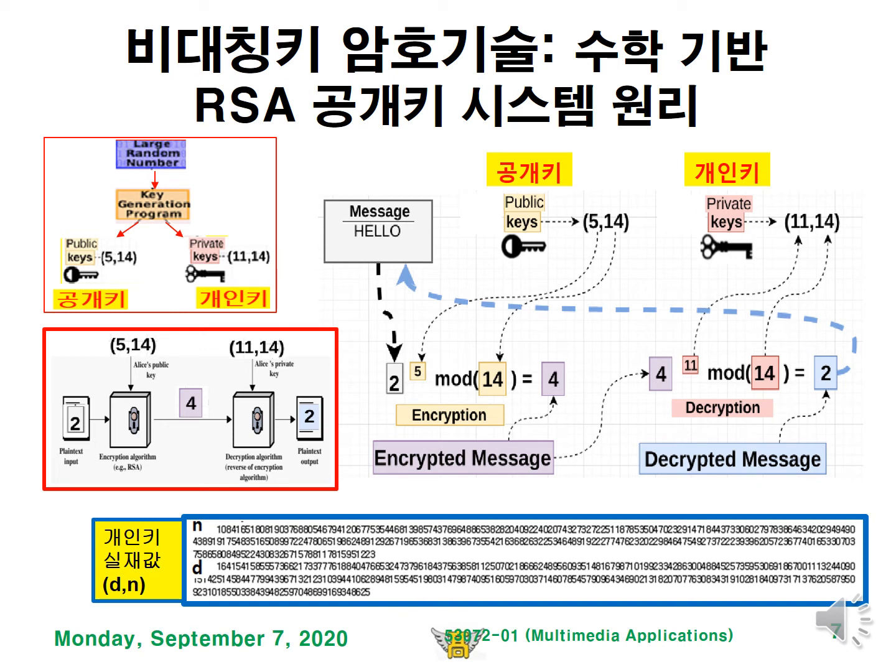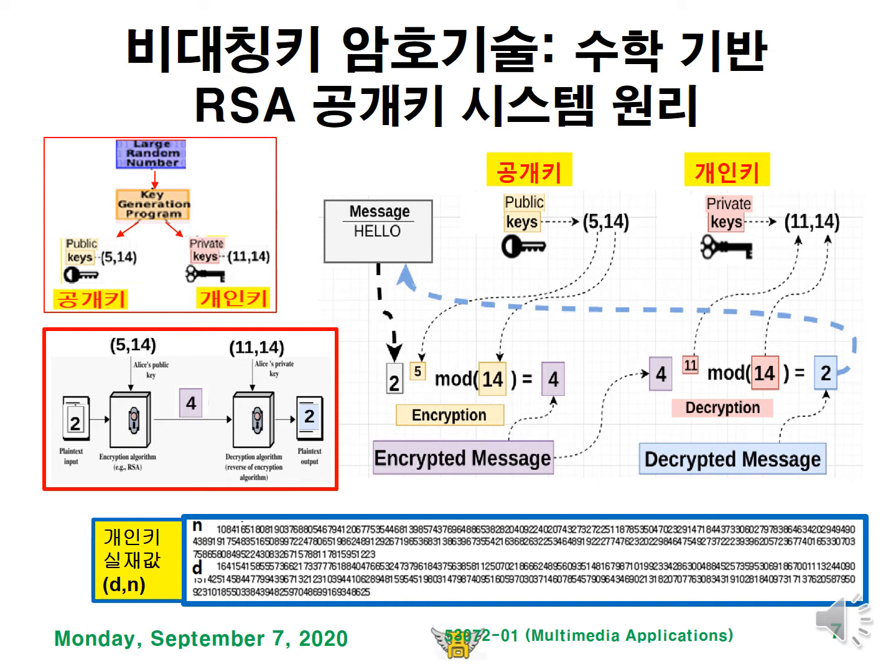So 4 is the encrypted message for the hello message. So hello message is represented by 2. The encrypted message of hello is represented by 4.